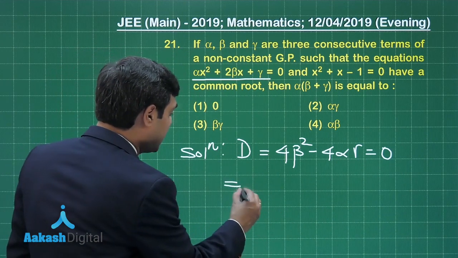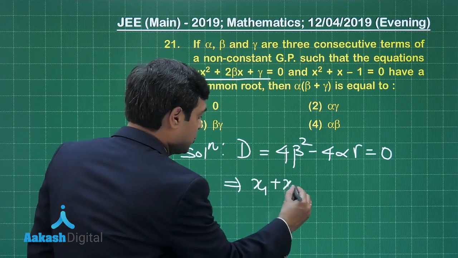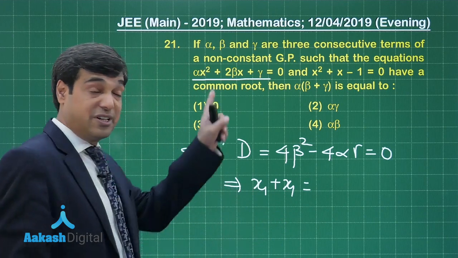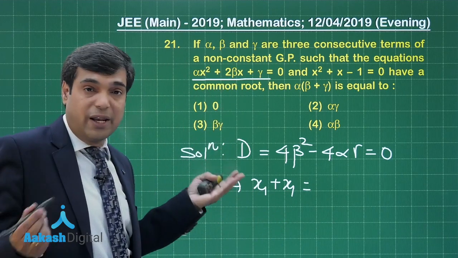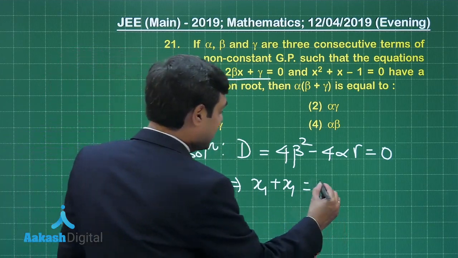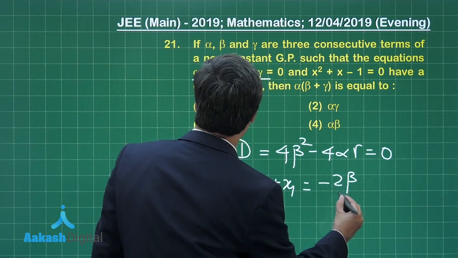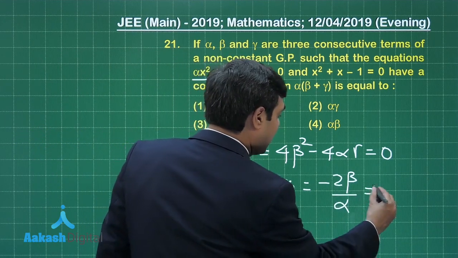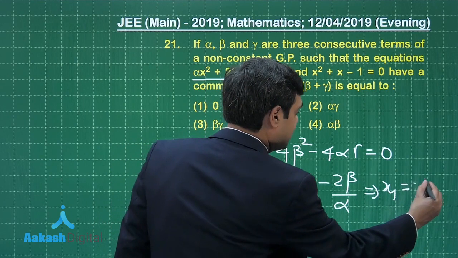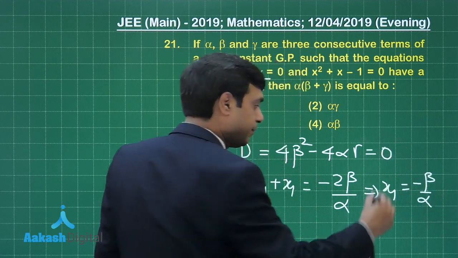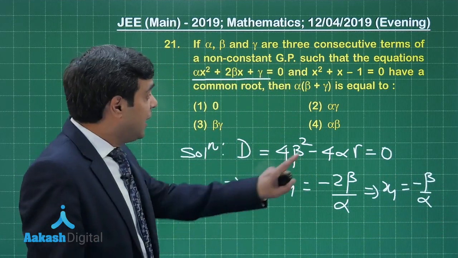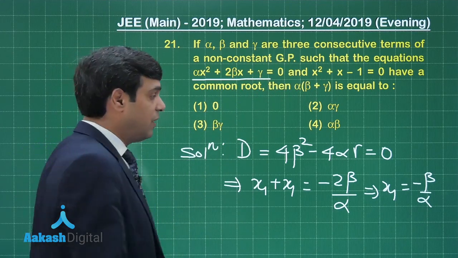So if you say the root is x1, so x1 plus x1, because discriminant is 0, so both roots are equal. So x1 plus x1 is minus 2 beta upon alpha, giving you value for x1 as minus beta by alpha. That's clear. It will also satisfy the second equation.